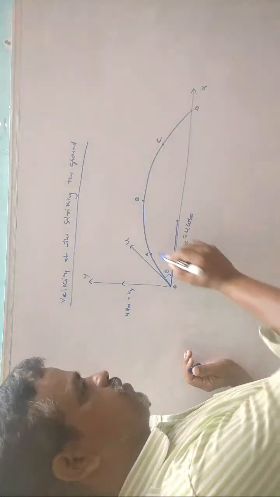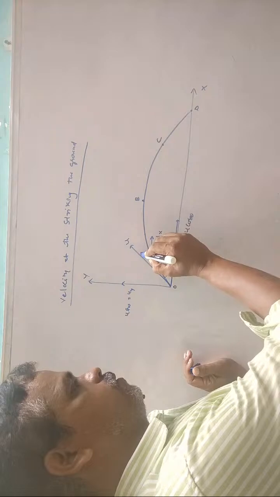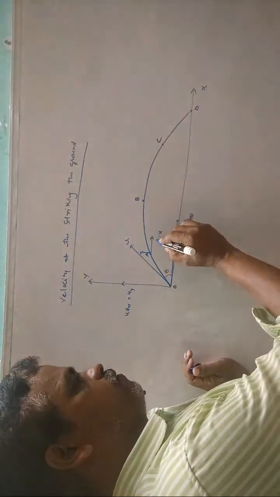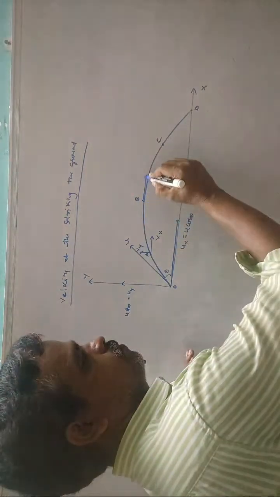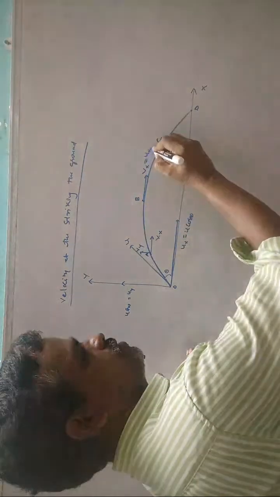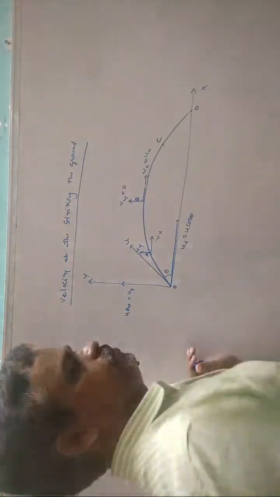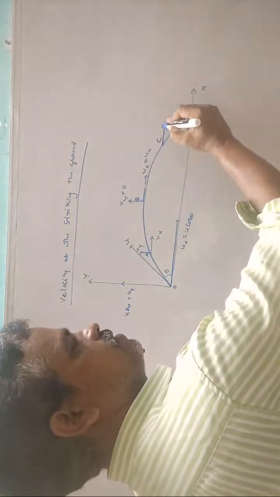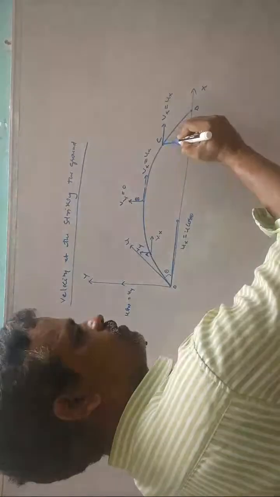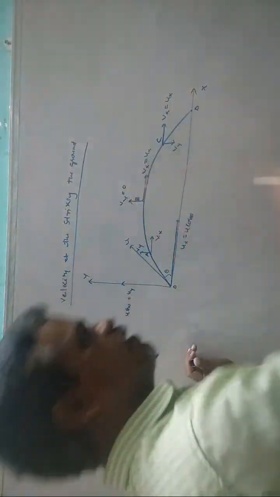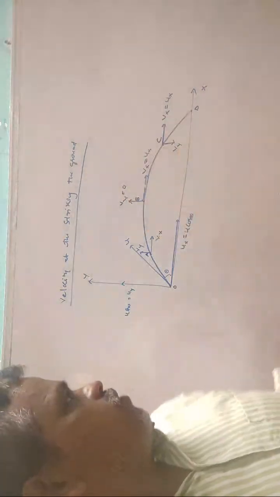Projected at angle theta, at point A it has ux, vx, vy. At this point, vx is nothing but ux, and vy equal to 0 at the highest point.